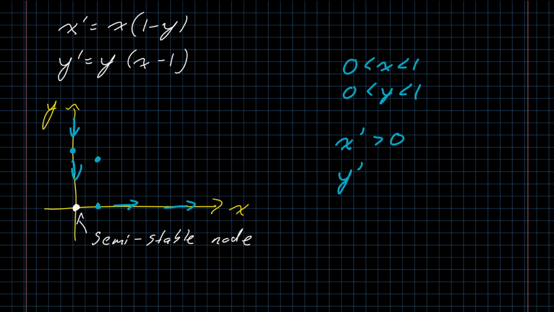We've got y, which is a positive number, but then we've got x minus 1. Since I said that x is smaller than 1, that means that x minus 1 is negative. So y prime is going to be less than 0. We're going to be growing in the x direction and shrinking in the y direction, which is something like that.